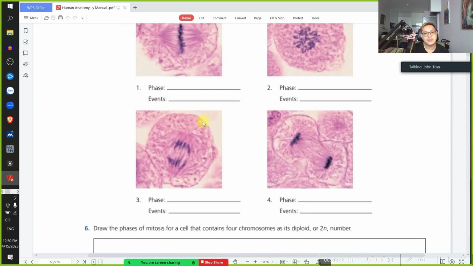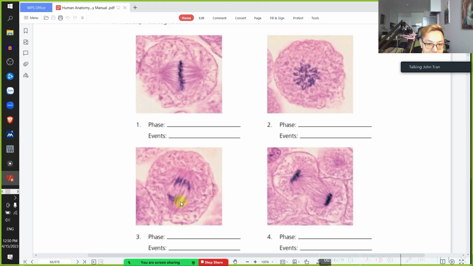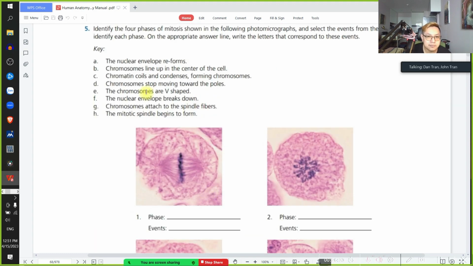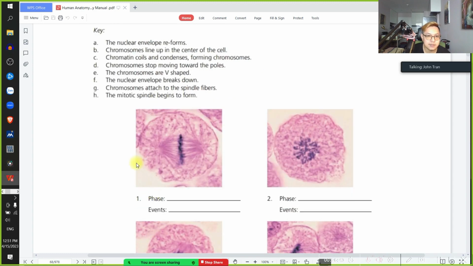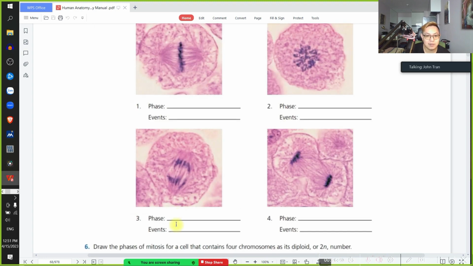Alright, so what happened during anaphase now? Not D. No, not B. Chromosomes stop moving toward the pole. Nó đang di chuyển mà. Actually, they are moving now. So it's not D, right? So the chromosomes are V-shaped. That's E. Nó có cái hình chữ V nè, nó di chuyển hai bên nó mới hình chữ V chứ.